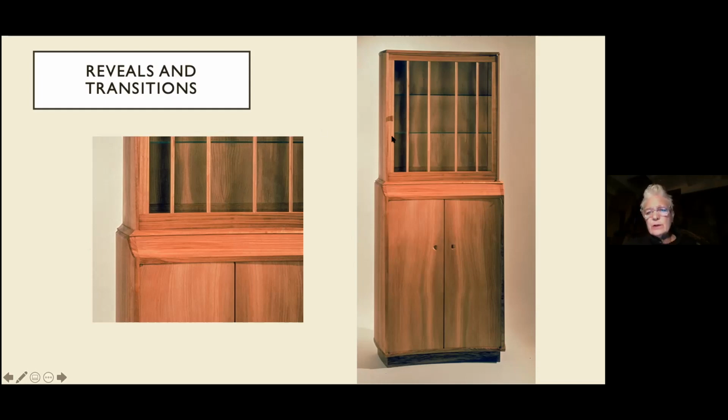Also, you can notice the frame around the top glass is more weighted at the bottom. He made a decision to make that rail a little bit weightier so that it sinks that top case onto the bulk of that bottom case. And it helps it to look more integral, I think.